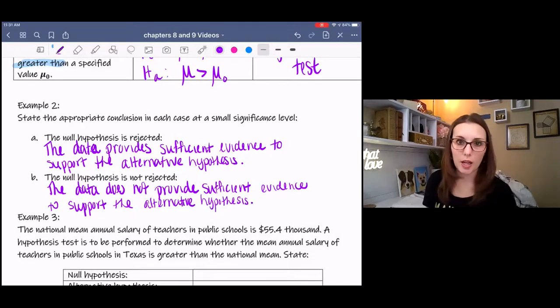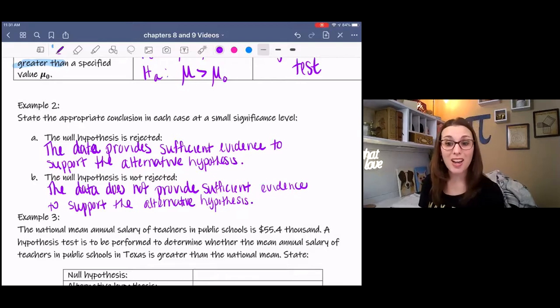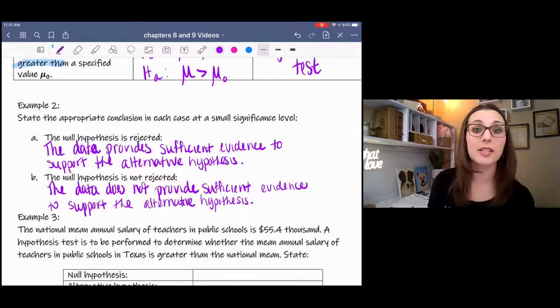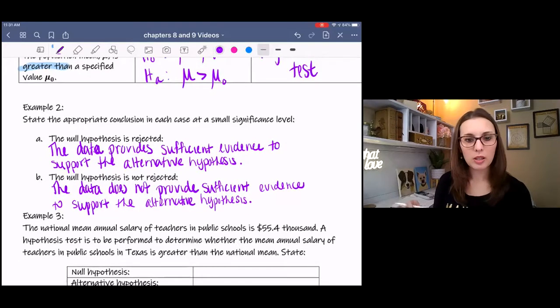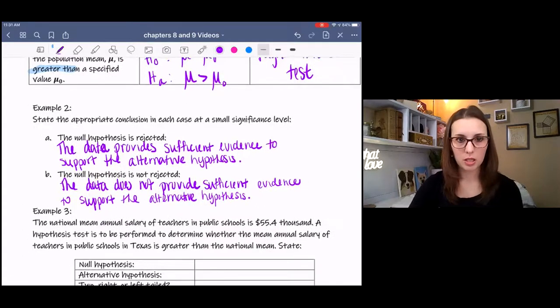Or we could say the test results are not statistically significant at whatever alpha level. Okay, try this last one, and then we'll check it in just a second. Go ahead and try it.